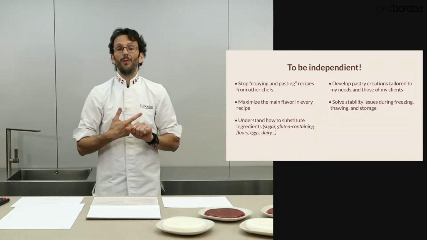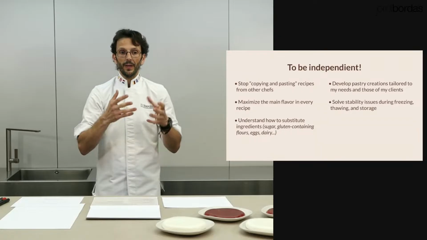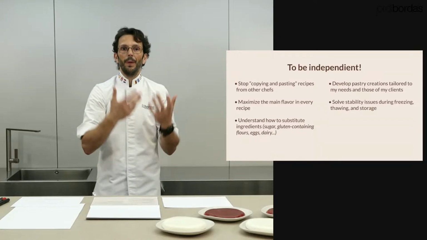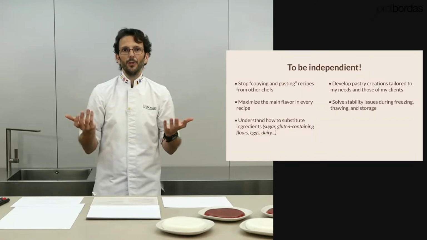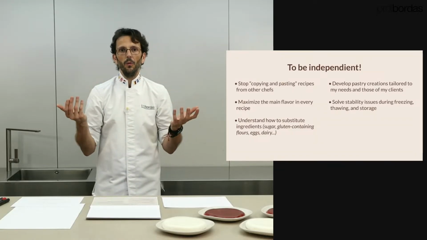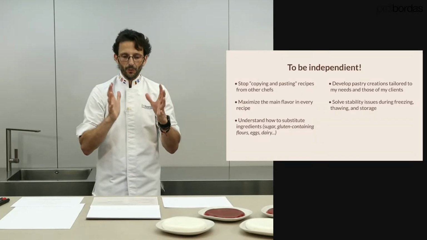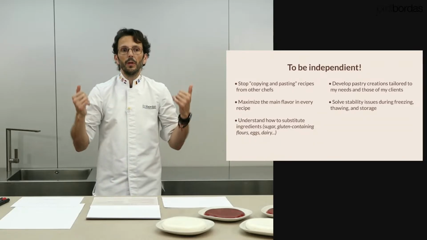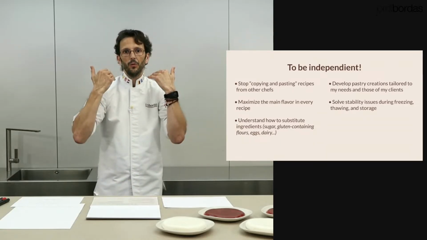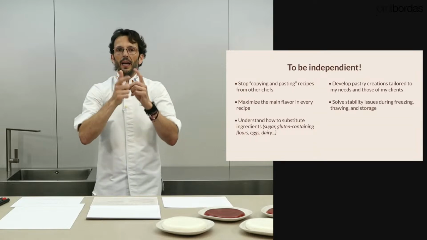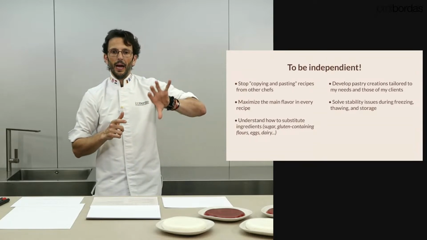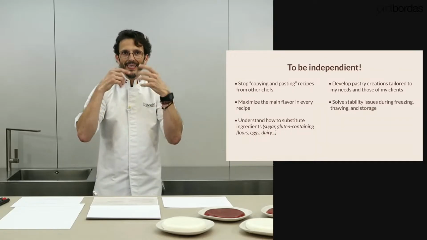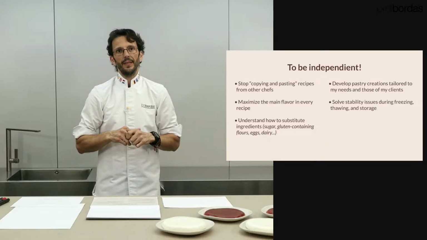I was trying to remove dairy products in order to create lactose-free or plant-based recipes, and it was impossible because I didn't know how to substitute the ingredients that we have in the recipes, like sugar: how to reduce or remove sugar, and what options I have to create, for example, a perfect product for a diabetic person.